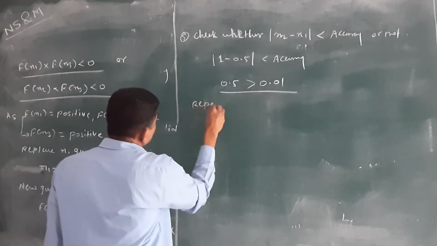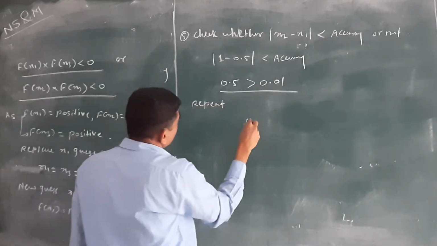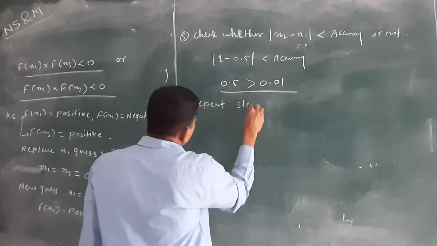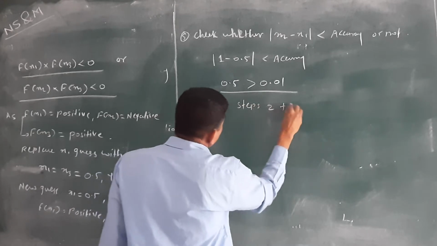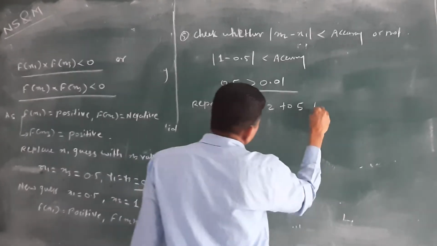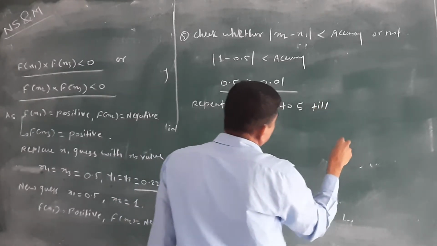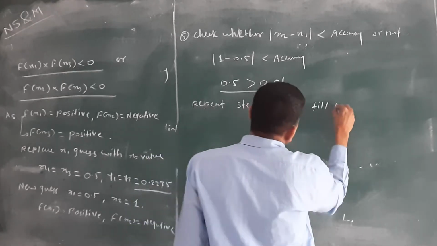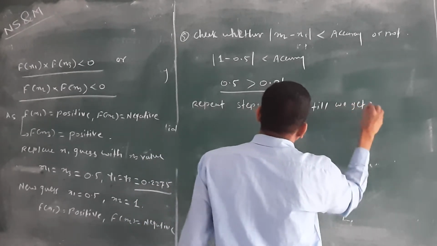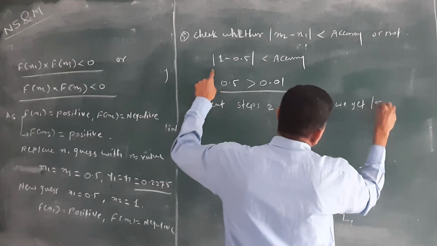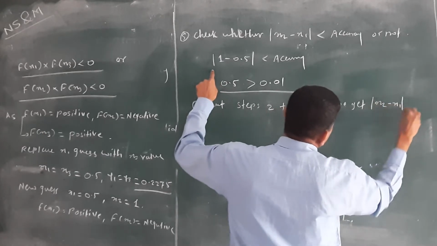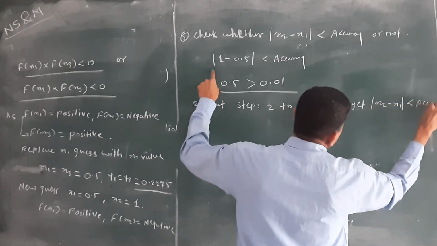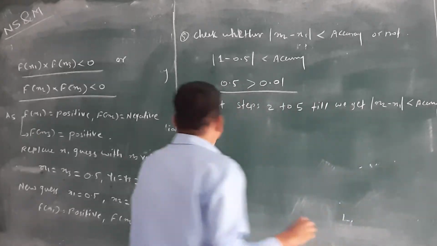You have to repeat steps 2 to 5 till we get mod of x2 minus x1 less than accuracy. Remember that.